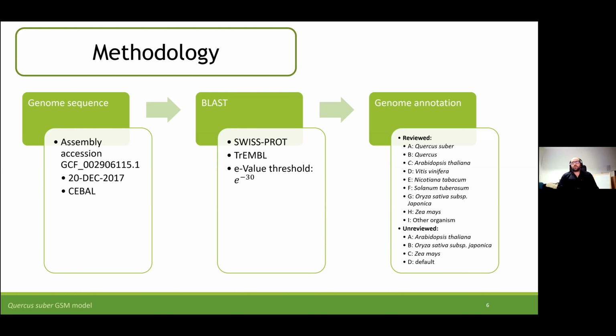So initially, we started with the reviewed entries of Quercus suber and Quercus robur, and then we selected other well-studied plants like Arabidopsis thaliana and Vitis vinifera and so on. Finally, for the unreviewed entries that we obtained with TrEMBL, we started with Arabidopsis, also because it's the most well-studied plant, and then we went for other well-studied plants, and finally, if we couldn't find any annotation, we would go with the default one.